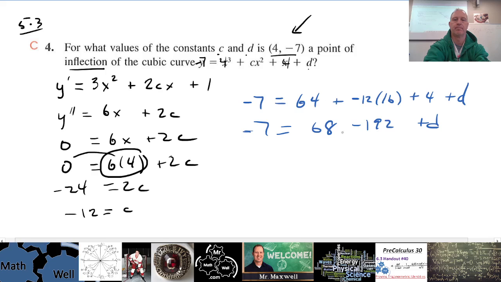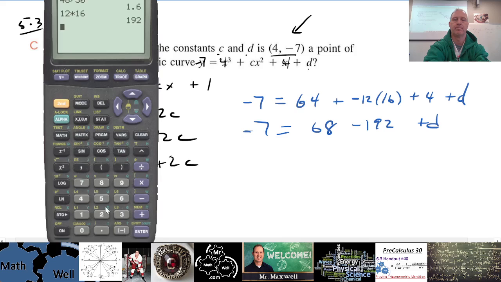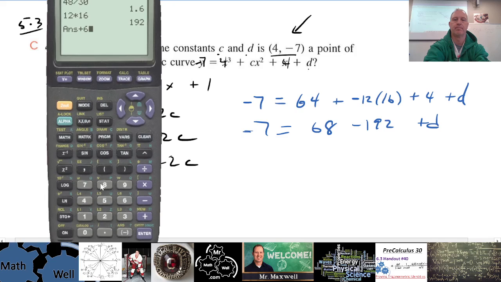Well, I guess we could combine these two. Negative 192 plus 68. Oh, I didn't catch my negative of the answer. Plus 68 is negative 124.